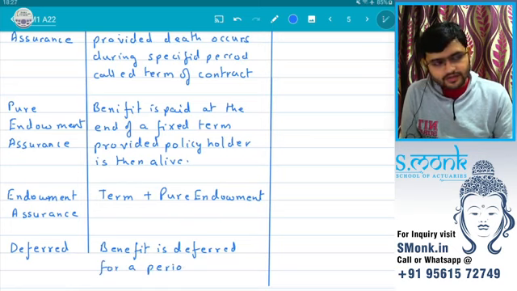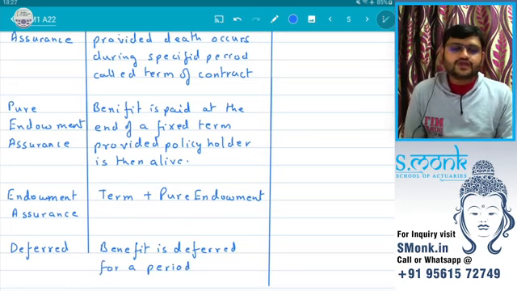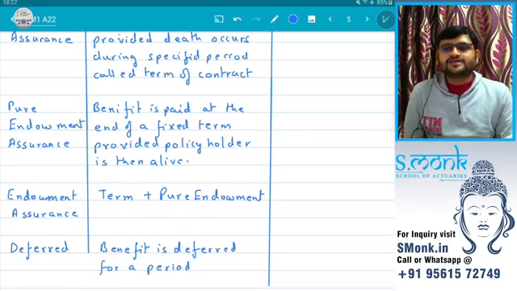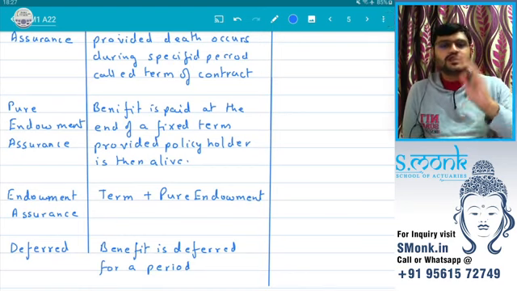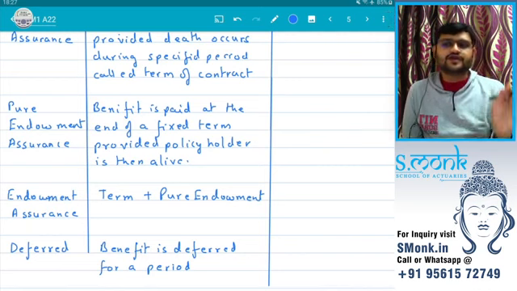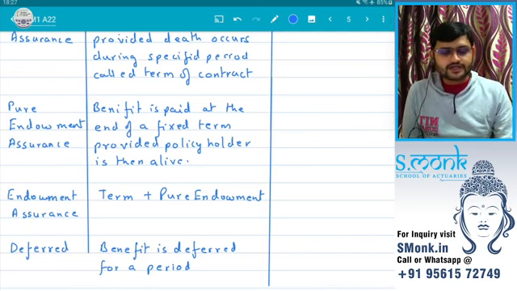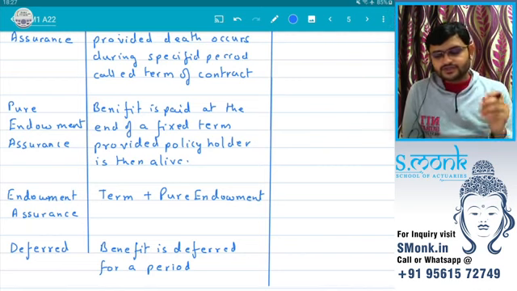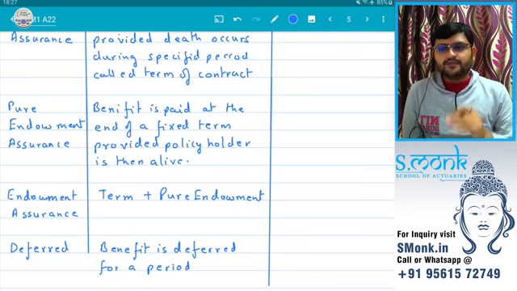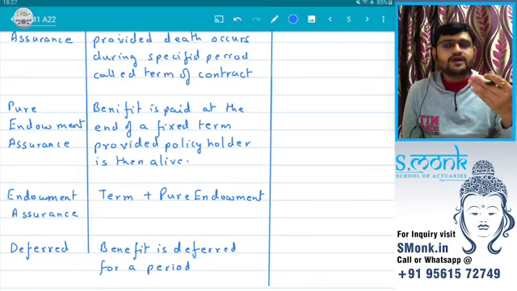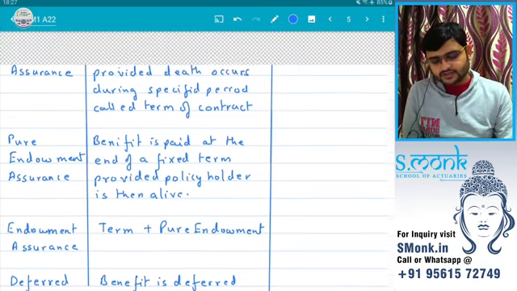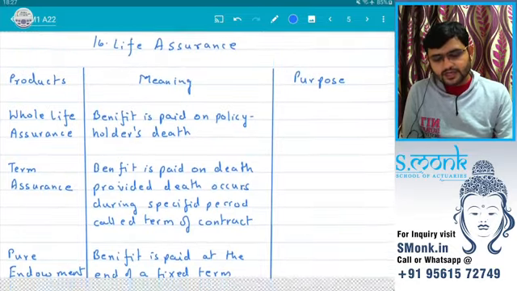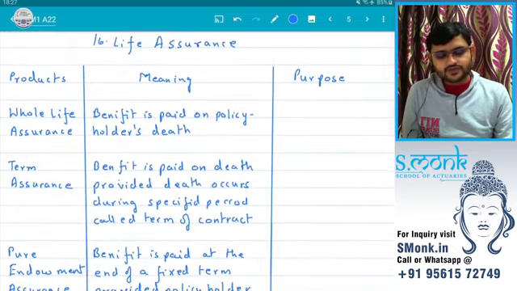In deferred, I start paying the premium now, but my policy's benefit starts after, let's say, 5 years or 10 years. So today I'm paying the amount, but my life is not covered in this particular case. After 5 years, the policy actually starts. We'll talk about what the benefits are and what the reasons might be for people to do this.